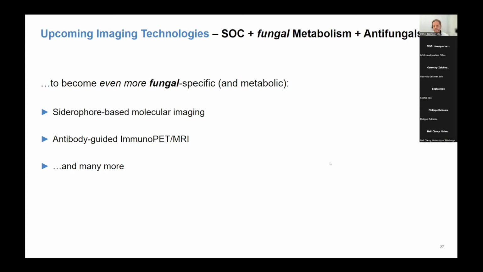But there are many more in vivo imaging techniques that are established, at least in the lab, to diagnose and cure mice.